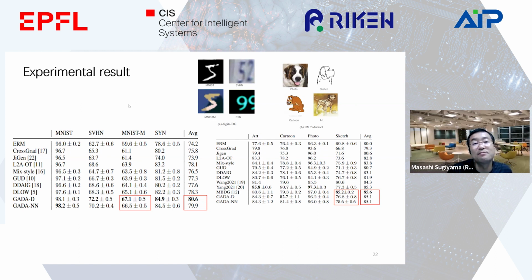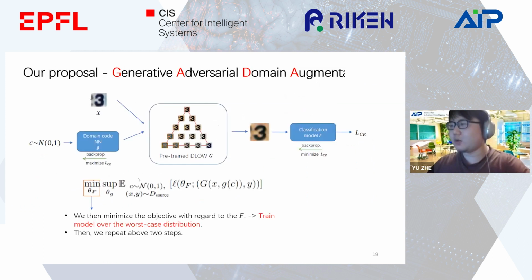Are they also the same? Actually, in our training objective, we do not involve other hyperparameters. We only have one hyperparameter to balance the trade-off between the model trained on the Wasserstein distributions and the model trained on original training data.